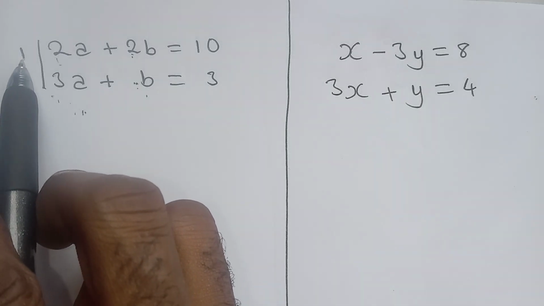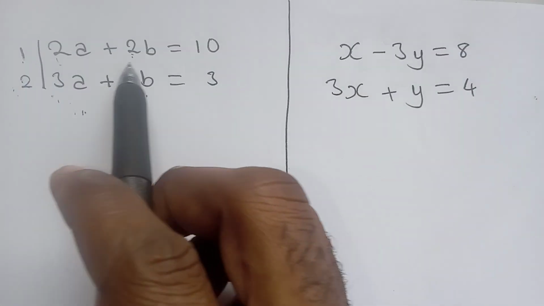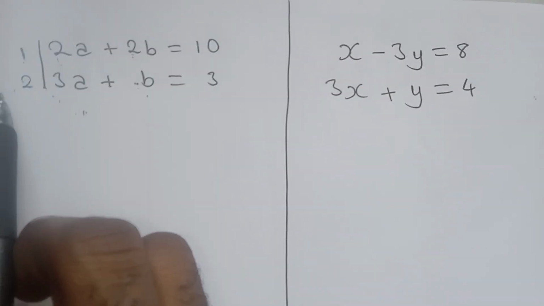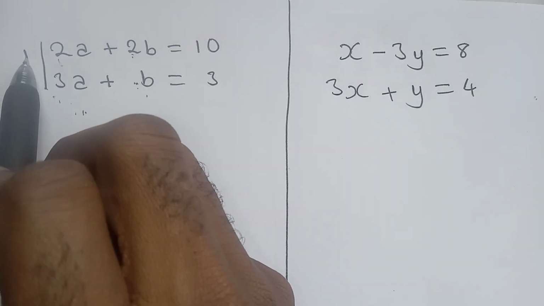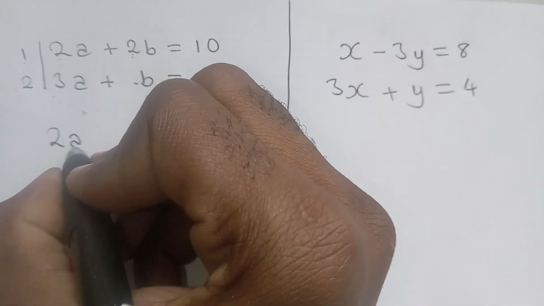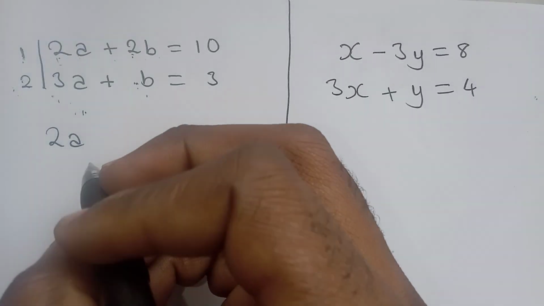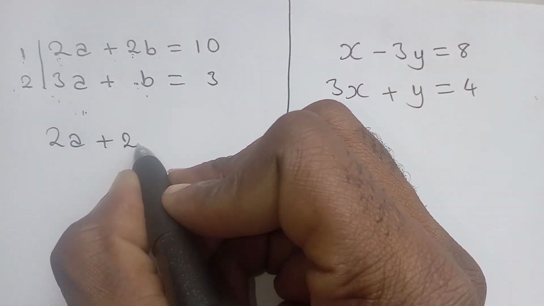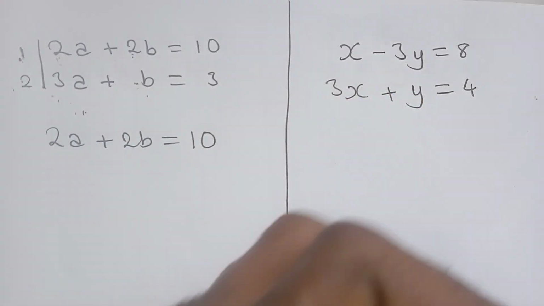So I'll multiply this number by each of these numbers in the first equation, and then I'll do the same thing here. So let's say 1 multiplied by 2a, this will be 2a. Then 1 multiplied by 2b, this will still be 2b. 1 multiplied by 10, this is 10.